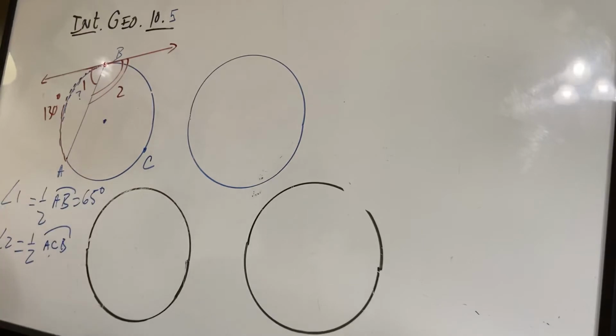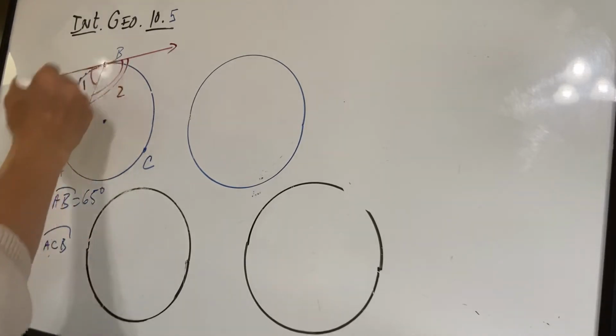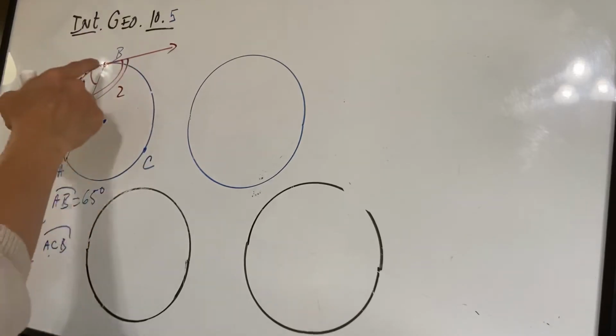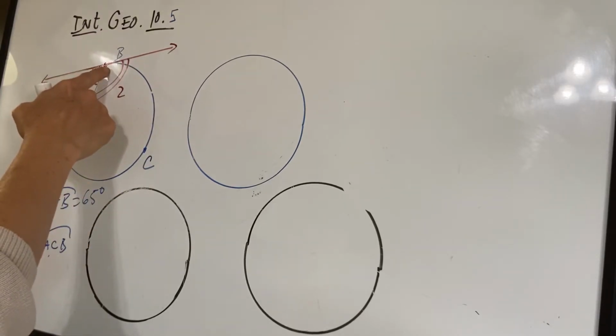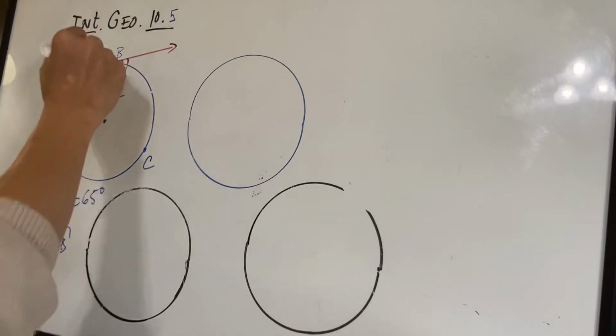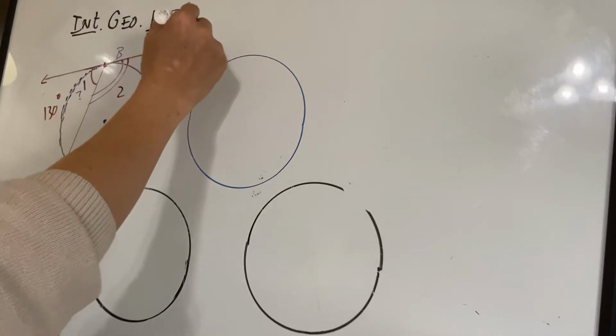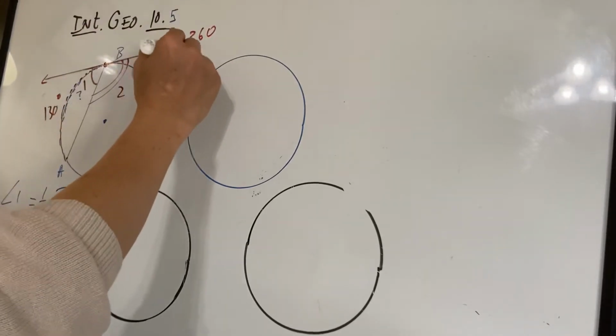65. Then what is angle 2? And you ask, Mr. Dan, come on, stop insulting us. Well, angle 2: if the whole circle is 360 and minor arc AB takes 130, what is 360 minus 130?